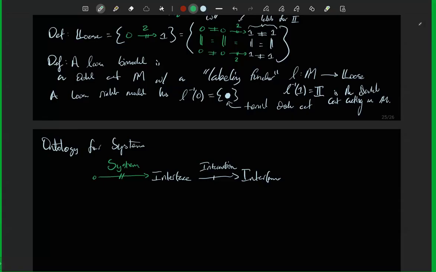Okay. Interaction, interface. Okay, great. So then we also have a map of interfaces. Oops, wrong color. So, map of interfaces. And here's another interaction, and here's another interface, and here's another map of interfaces.